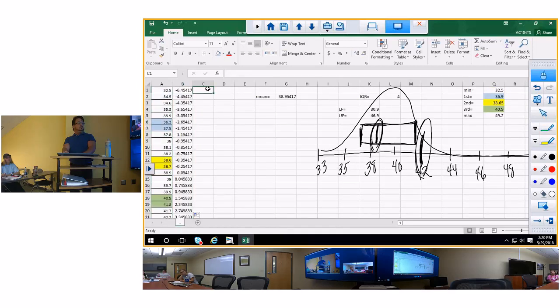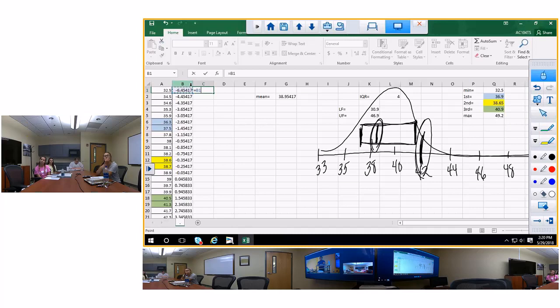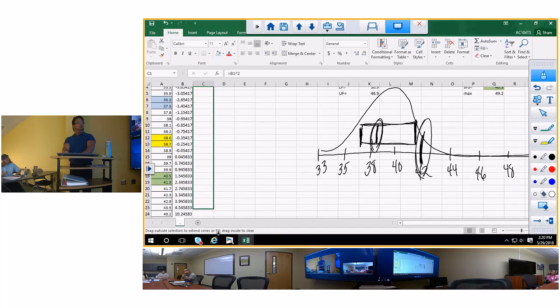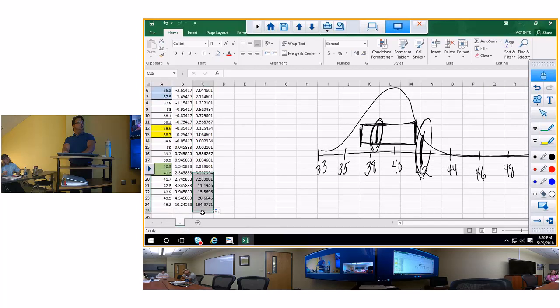Equals this, raised to the second power. Enter. Take this down. Take that number, add it, enter.